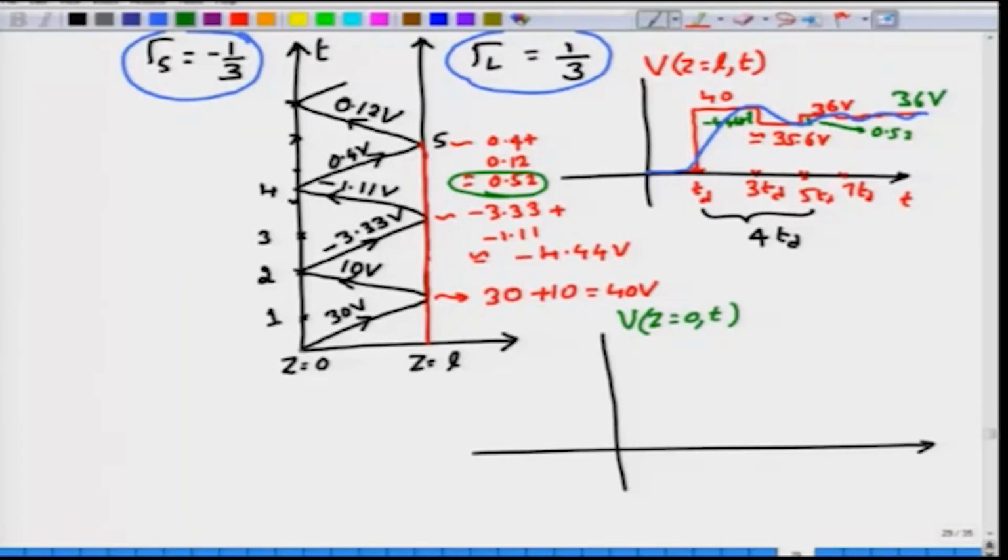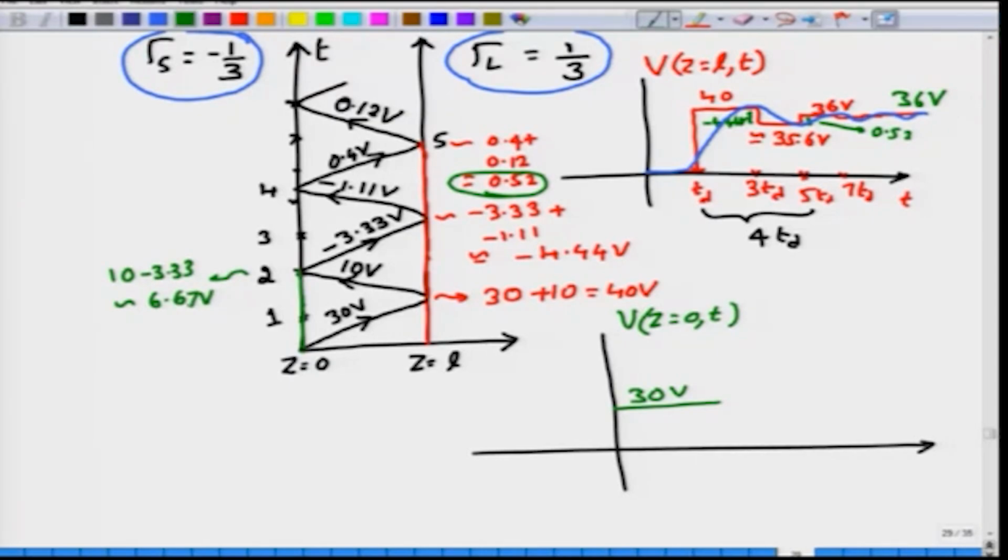Okay. And if you do that, you will again have to follow the same procedure that we have followed. You start off on the time axis. Clearly at time t equal to 0, there is already a voltage of 30 volts launched on the transmission line, which is what V1 plus would be. So, right at t equal to 0, you have 30 volts, and then as you move up the time axis, you would see that nothing is happening until you reach the state 2, that is time 2 TD, at which point the total voltage will be the incident plus the reflected, which is 3.33, roughly what, some 6.67 volts.